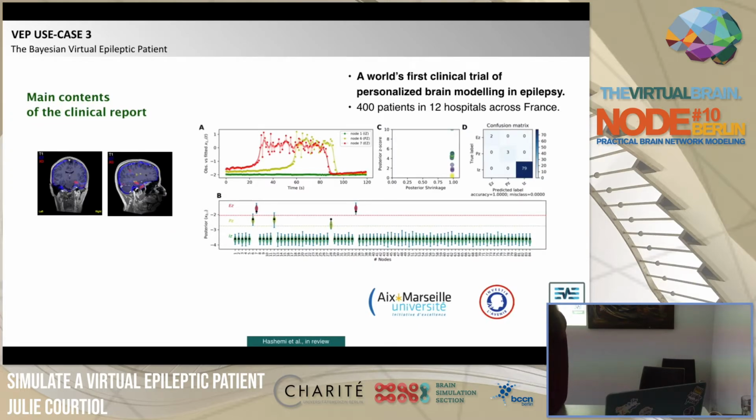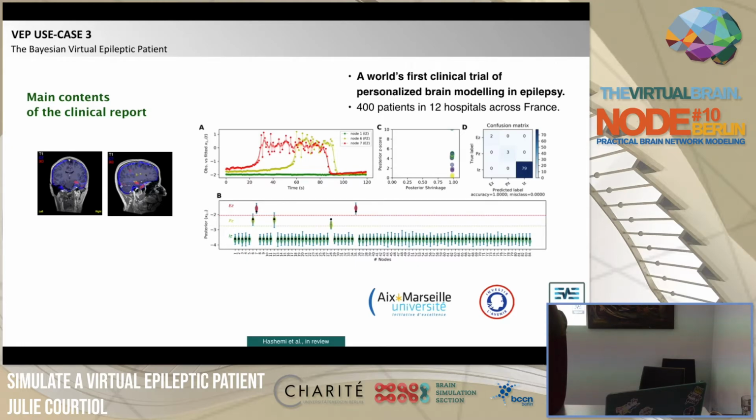So this is an example. Here we have a parcellation of the brain into 84 regions, and for each region, they compute a distribution of these excitability parameters. So -2 here is the threshold we identified earlier. When we are below this threshold, we cannot trigger seizures.